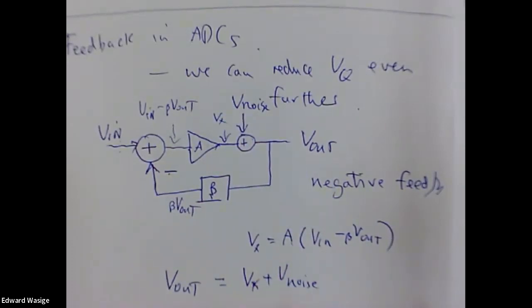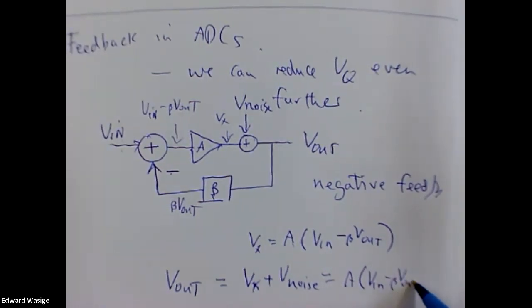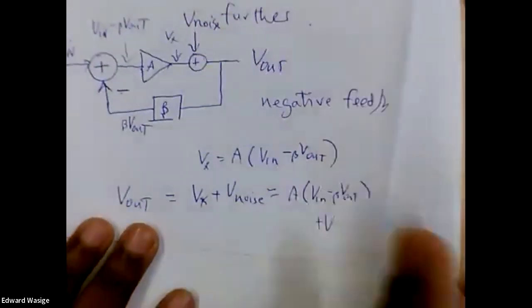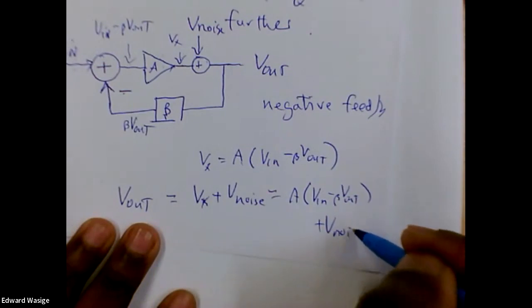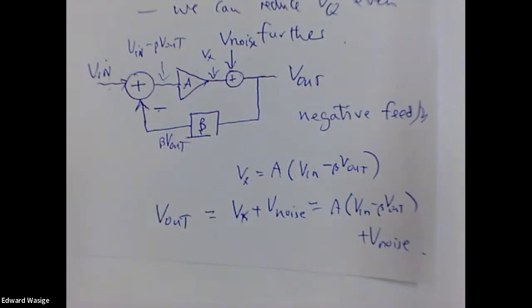We have an effective added noise there, and this will be A times V in minus beta V out plus V noise. If you don't follow how that expression has come out, please do ask. Those of you who've done control systems, it is pretty straightforward.